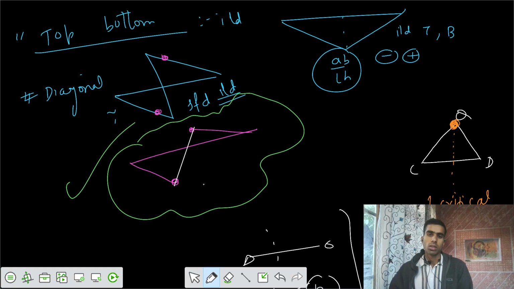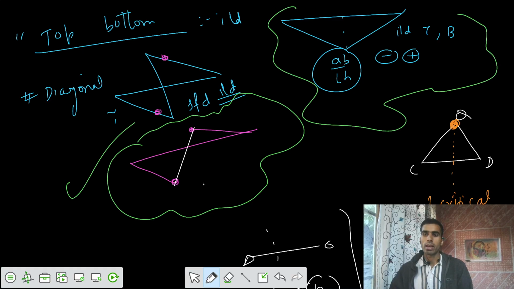And for the bottom and top members, we have a diagram of this fashion. That is some sort of AB by L, but you have to divide by H also.